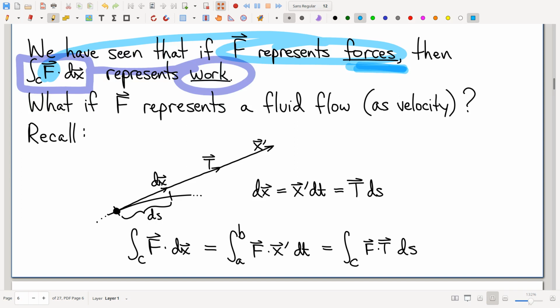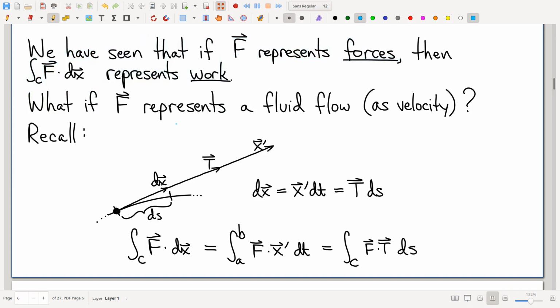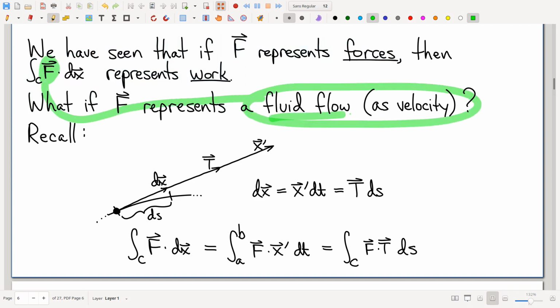Okay. Here's the thing. We can use vector fields to represent other stuff. For example, a vector field can be used to represent a fluid flow. Specifically, we just interpret the field vectors as representing the velocities, for example, the velocities of the fluid in different places.